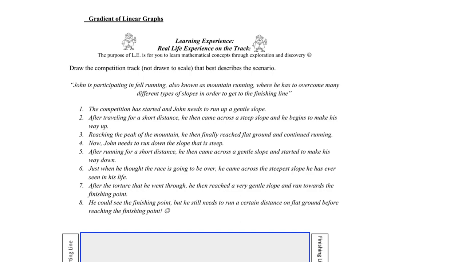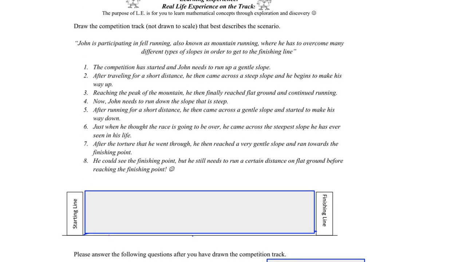This is the scenario. The competition has started, so I'm going to focus now on the starting line. The competition has started. He's going up a gentle slope. After traveling for a short distance, he came across a steep slope all the way.